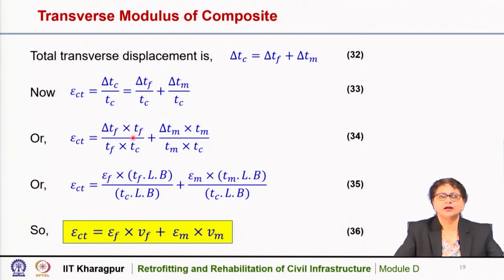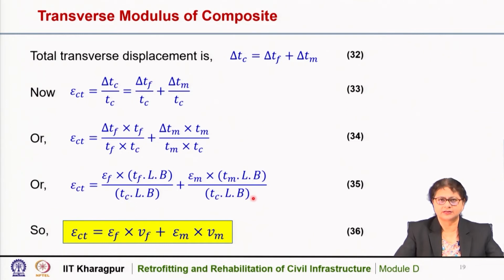By multiplying Tf in the numerator and denominator in the first term, and in the second term multiplying Tm in both numerator and denominator, we get equation 34, which is written as epsilon Ct is equal to epsilon f, since delta Tf by Tf is nothing but epsilon f, and this is multiplied by Tf into L into B by Tc into L into B. We are multiplying L into B in the numerator as well as in the denominator.